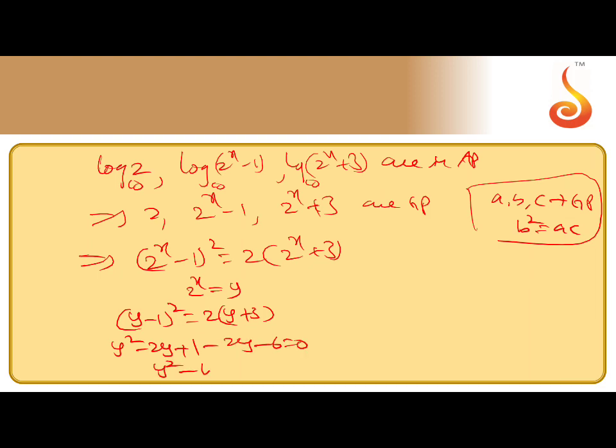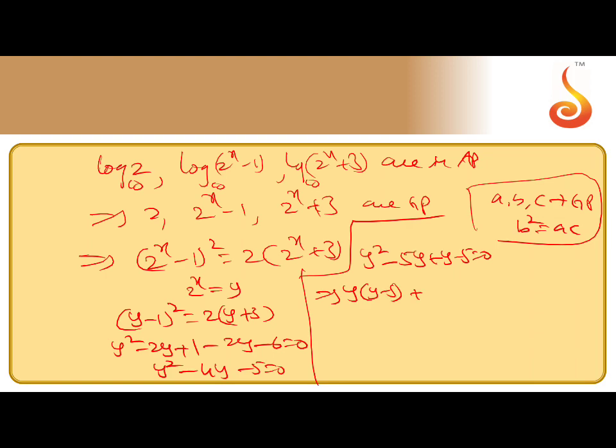So y square minus 4y minus 5 equals 0. Now we can find the factors for this one. So y square minus 5y plus y minus 5 equals 0. This implies y into y minus 5 plus 1 into y minus 5 equals 0. The factors will be y equal to 5 or y equal to minus 1.